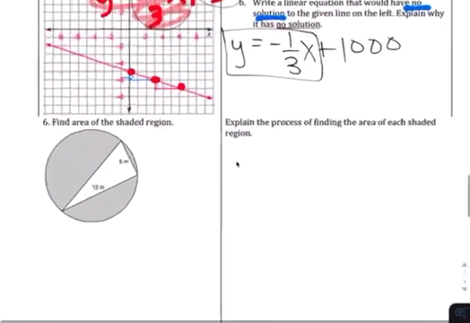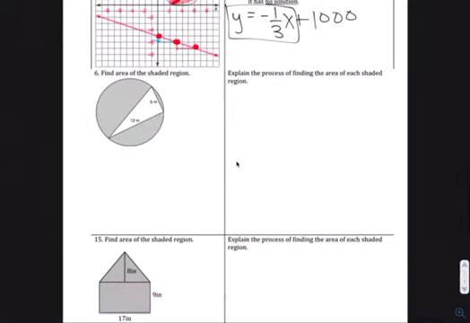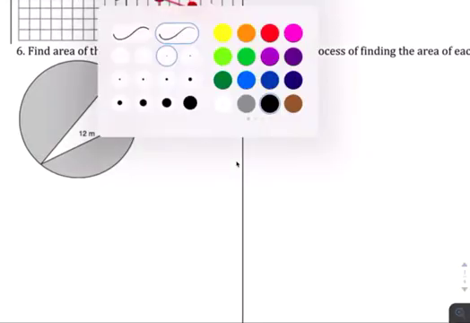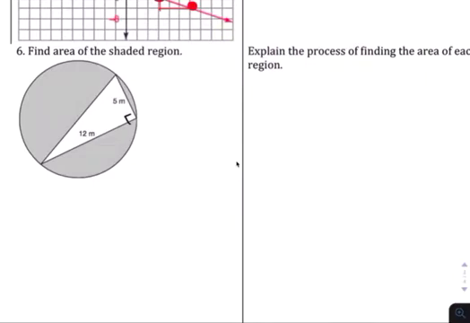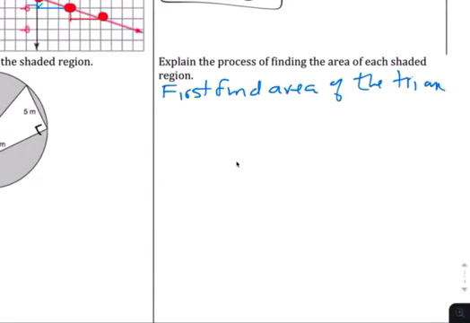Explain the process of finding the area of the shaded region. Okay, so let's do first a triangle. First, find area of the triangle by multiplying.